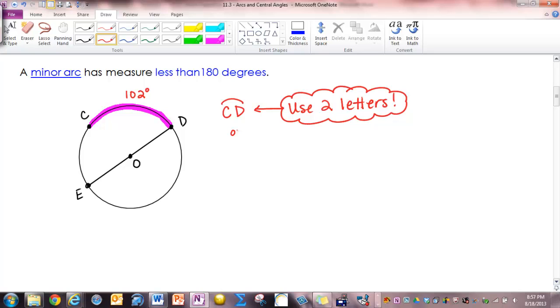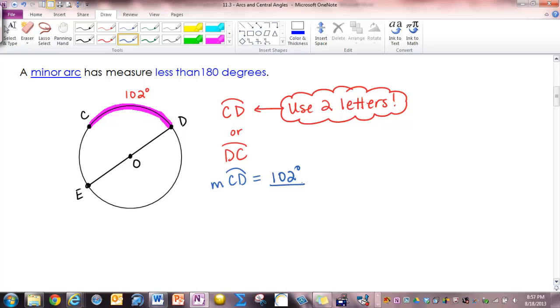Now, just like with a semicircle, we can switch around the letters, and we could call this same purple arc arc DC. Now in either case, the measure of arc CD is going to be 102 degrees.